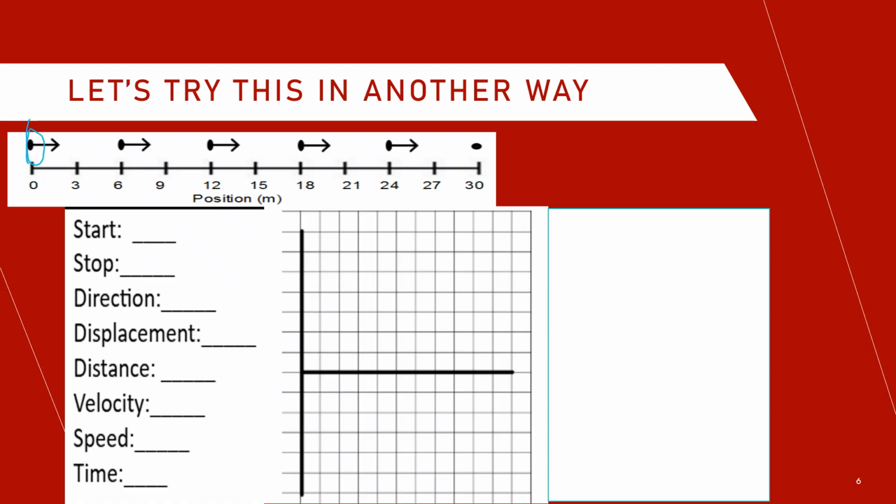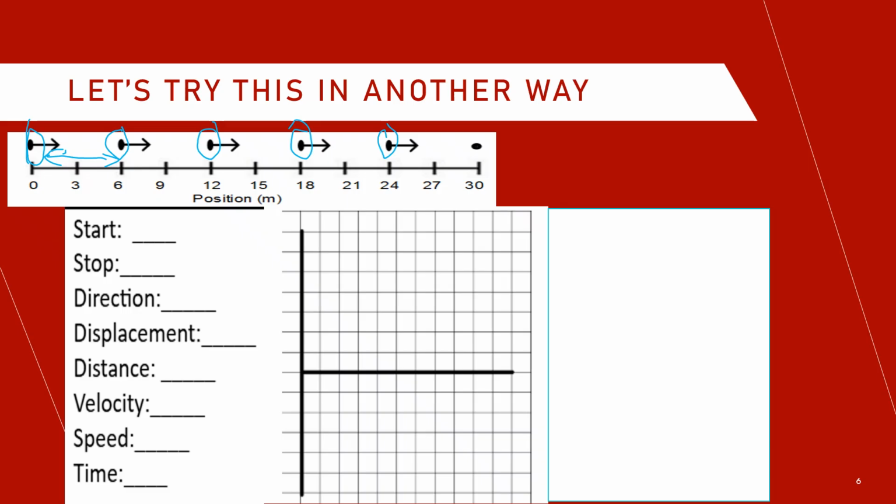I have 1 second, 2 seconds, 3, 4, 5 seconds, and we have a velocity, which is the size or the distance between these 2 seconds. That's going to be the size of my velocity.